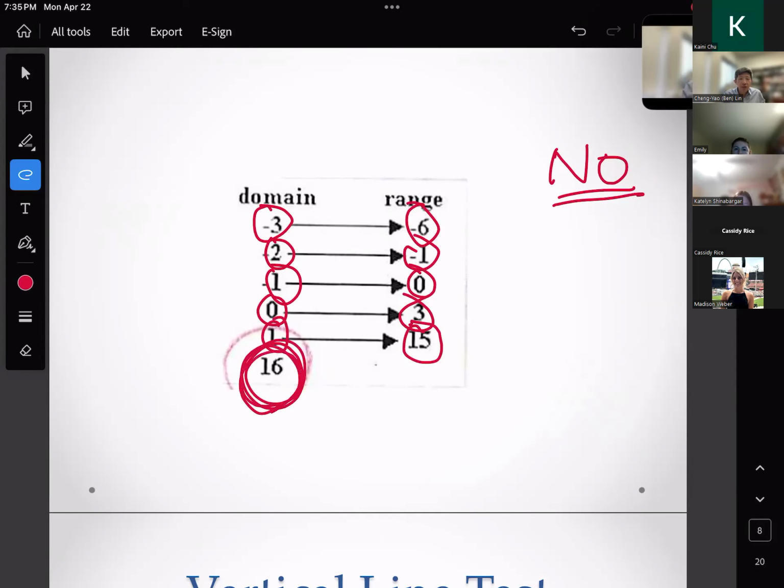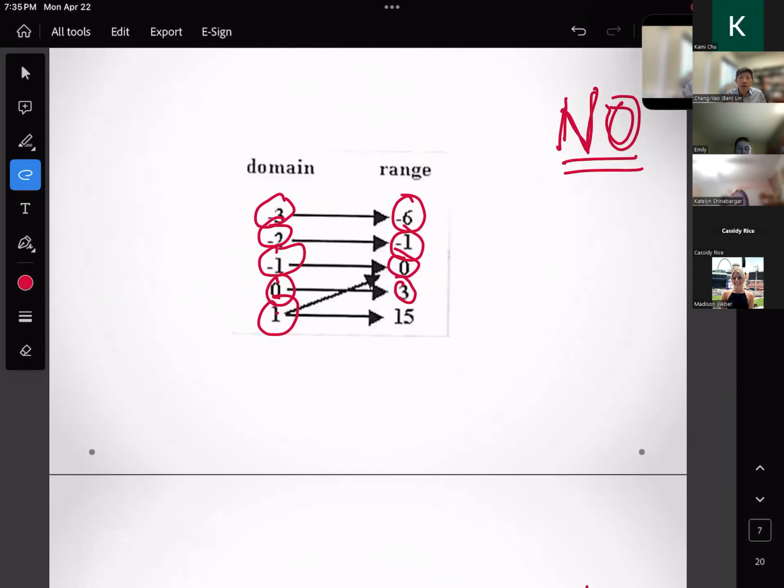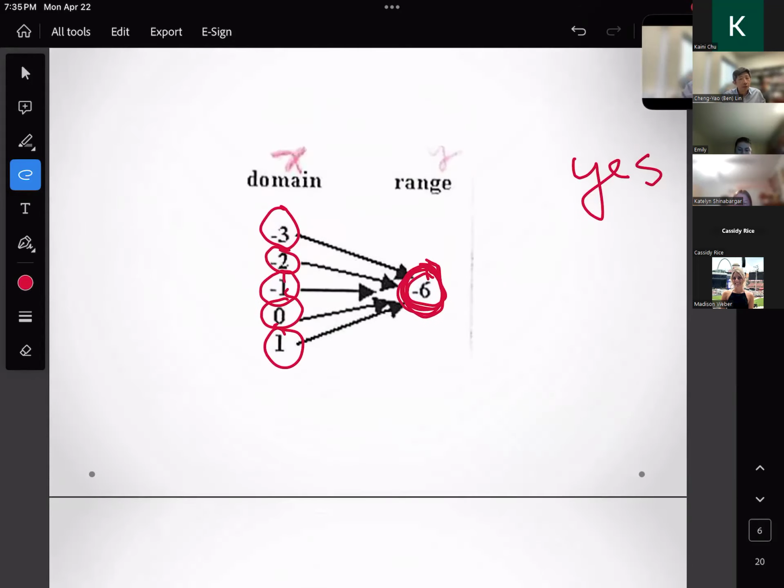Now, 16 has no home. Therefore, this is no. Does that make sense to you? Okay. So make sure each domain finds a range, but you cannot have one domain with two ranges, only one range, okay? But if it's the same number, it's okay, okay?